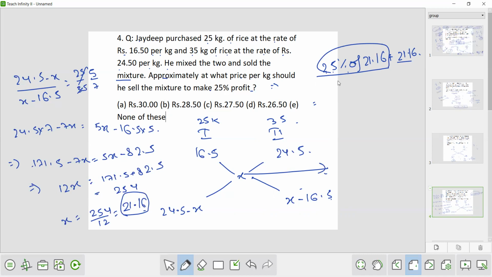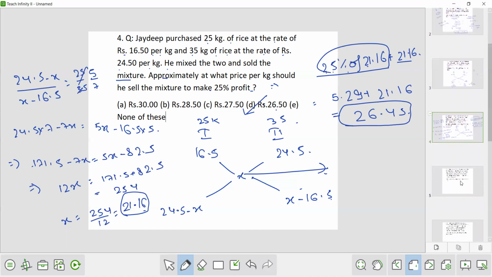So how to find 1/4? 1/4 of 21 is 5.25. 1/4 of 0.16 is 0.04. So 5.25 plus 0.04, that is 5.29, plus 21.16 is equivalent to 26.45. So approximately this is 26.50. So option D is the correct answer.